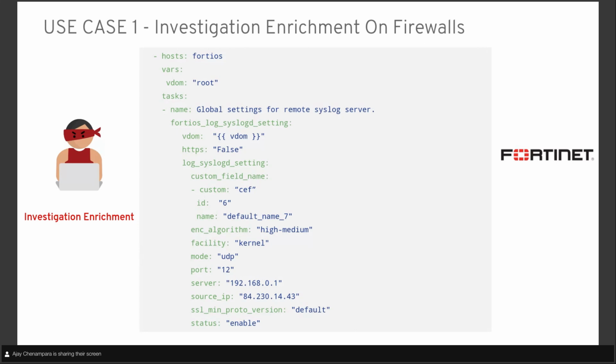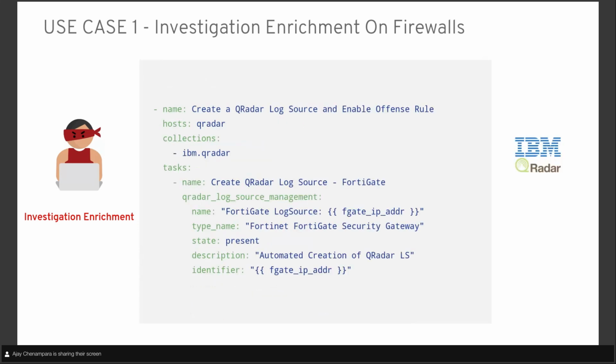Finally, on the QRadar itself, right? In order for QRadar to accept the logs from these endpoints, the security analyst has to go and click on multiple buttons and icons in order to create a valid log source so QRadar can actually accept that log from these endpoints. Again, each of these things, think about it, if you're doing it manually, can be painful and boring and long, right?